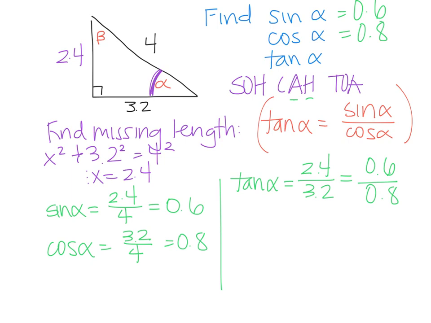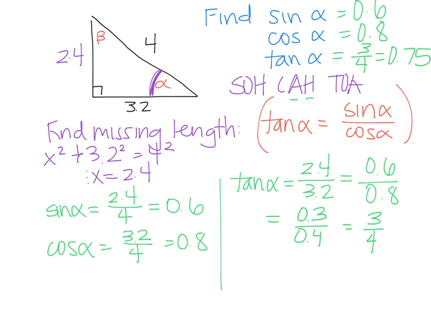So we can keep going and say, okay, well, I can do this. I can divide them both by 2. I get 0.3 divided by 0.4, which is the same thing as 3/4. So the tangent would be 3/4 or 0.75 if you want to keep it in decimal. Okay? So again, keeping in mind this important thing right here, this identity, that tangent is equal to sine divided by cosine.